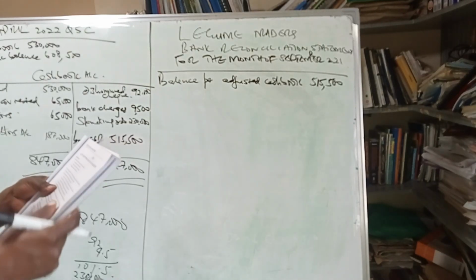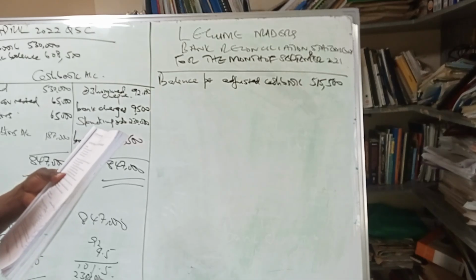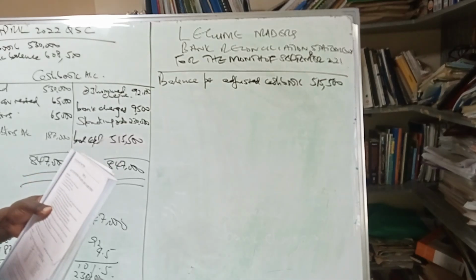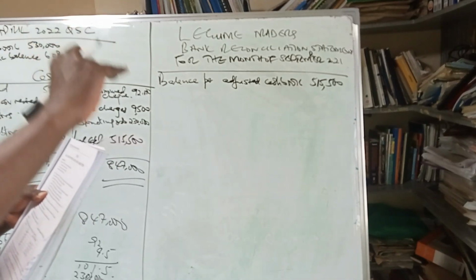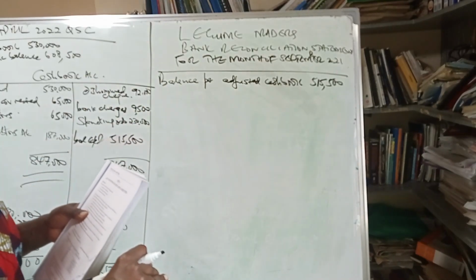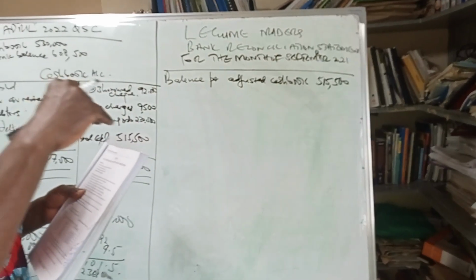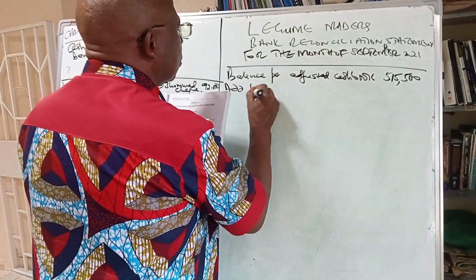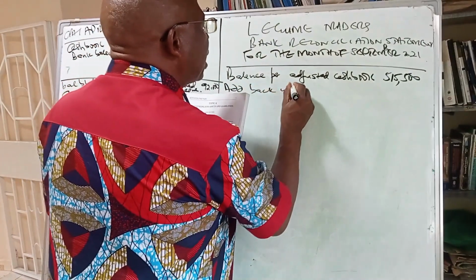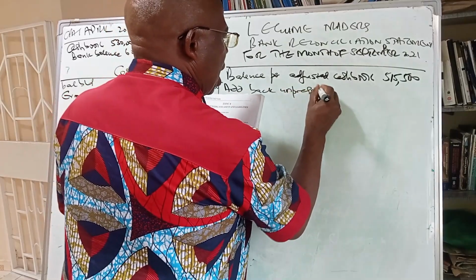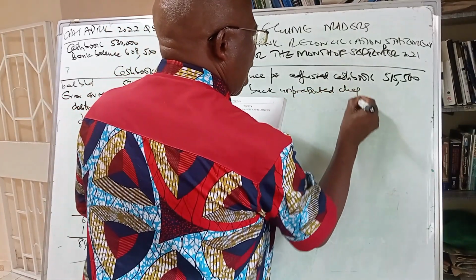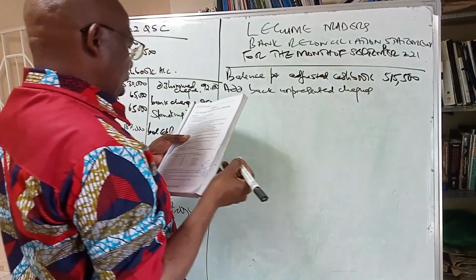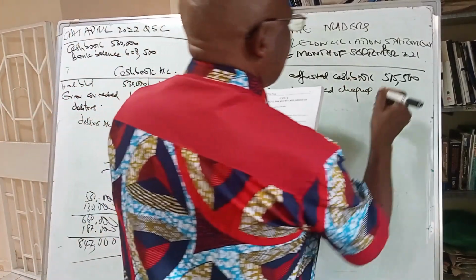Then we are told checks totaling 299,000 had been issued to suppliers. We reduced our money with the 299,000, but the bank has not yet done so. So we add back unpresented checks amounting to 299,000.